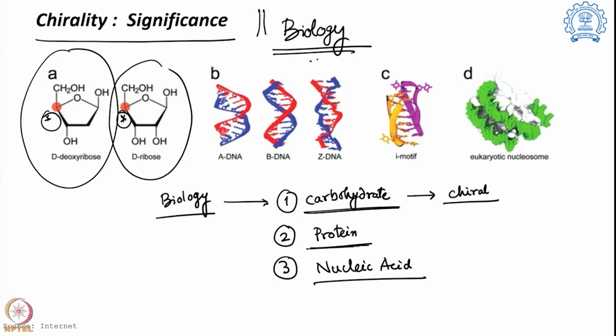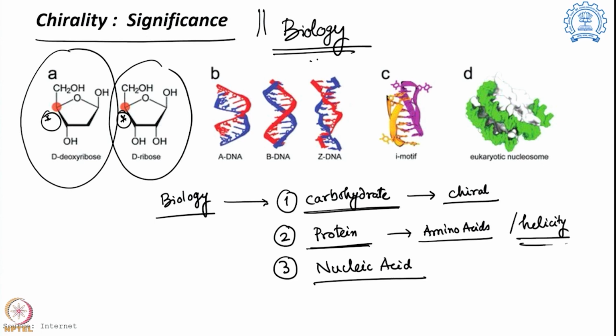Similarly, proteins are made out of amino acids, and we will go into the details of each of the amino acids that can be found naturally in biology. And over here we find that almost all the amino acids except one that are found naturally are chiral in nature. So, obviously when the proteins are made out of these chiral amino acids, the system will also be chiral, and at the same time proteins also create secondary structure which has its own chirality coming into the picture, especially the helicity.